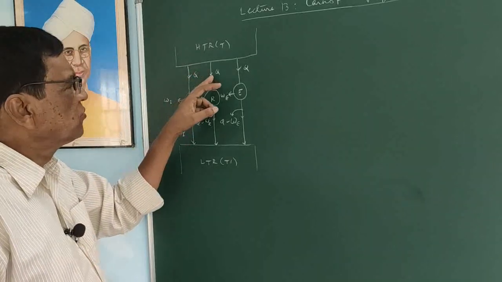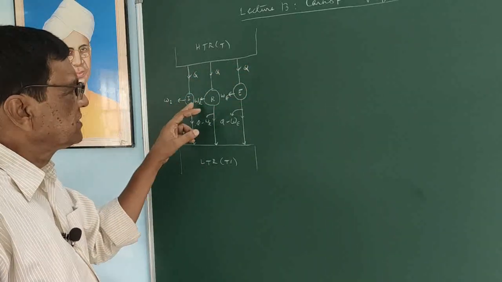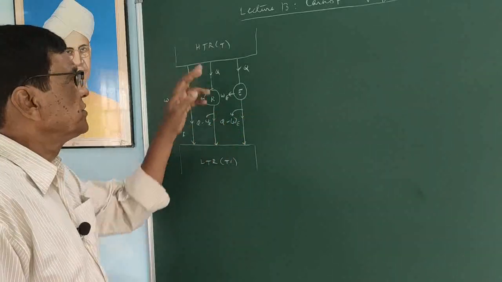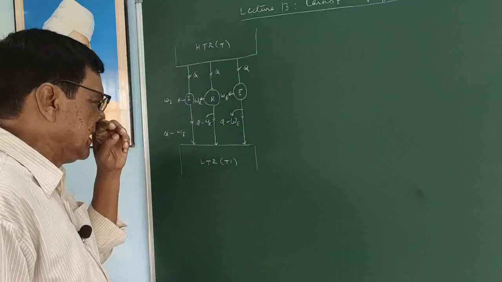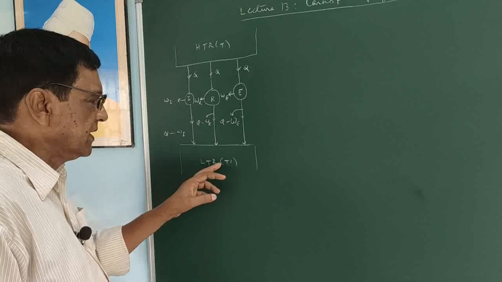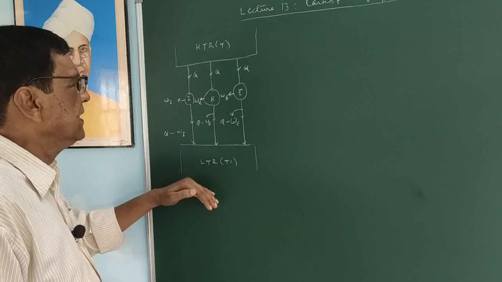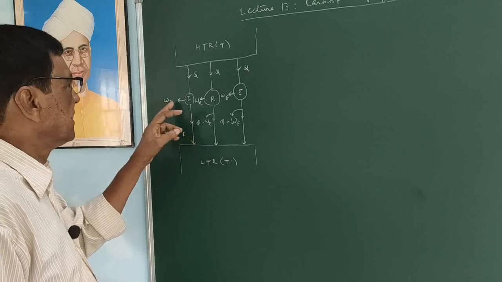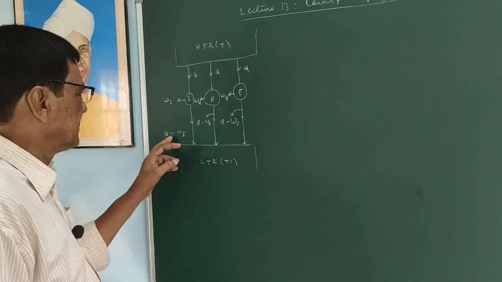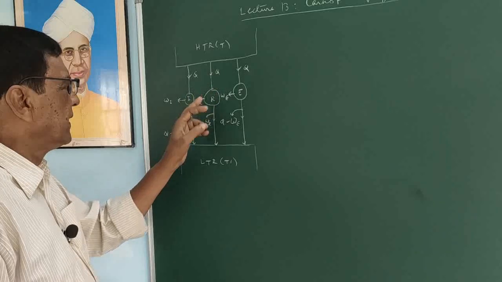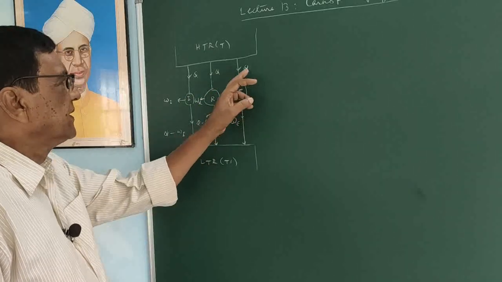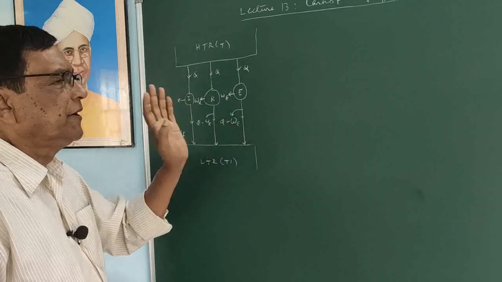The same amount of heat is given to these three engines from the same source, and the heat thrown to the LTR is Q minus Wi, Q minus Wr, and Q minus Wp.